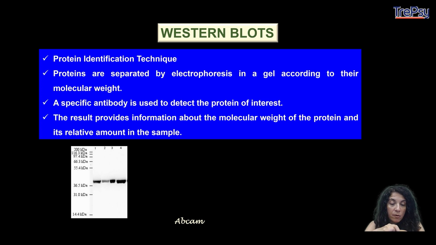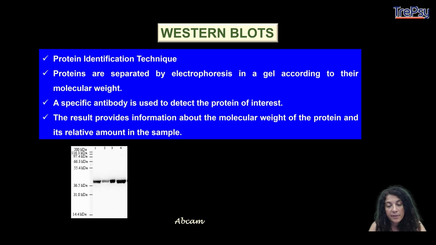Then I will discuss with you the Western blot analysis to detect protein. The Western blot, you know, is a protein identification technique. But the difference with immunohistochemistry is that you can measure a relative amount of a protein in reference to another protein, for example, a cytoskeleton protein of the cells such as actin.